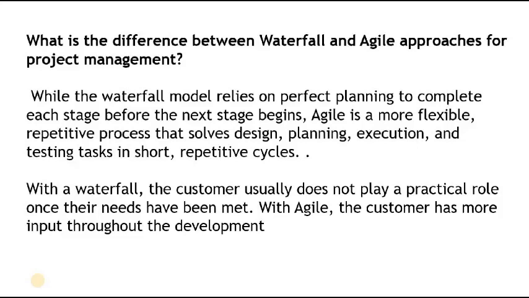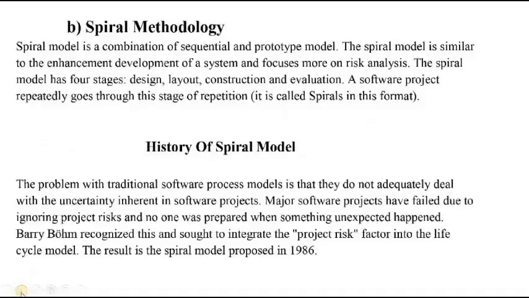With agile, the customer has more input throughout the development. With the waterfall model, it is difficult to handle changes of requirements, but with agile methods, we can easily handle our project.